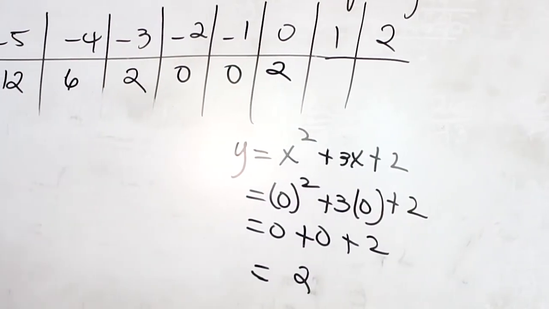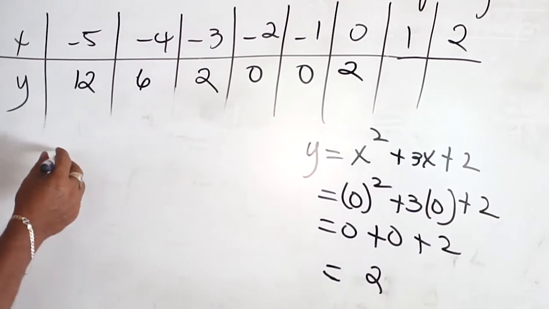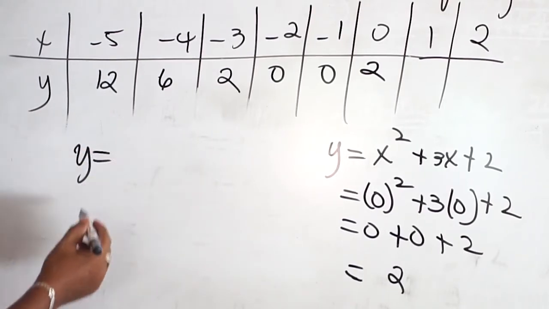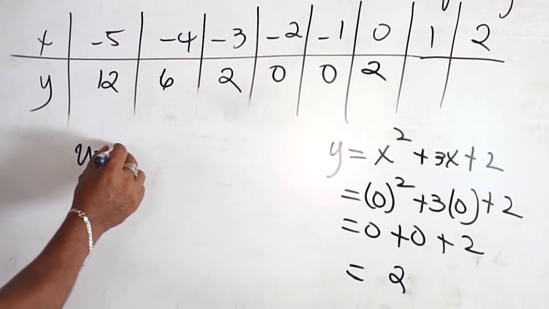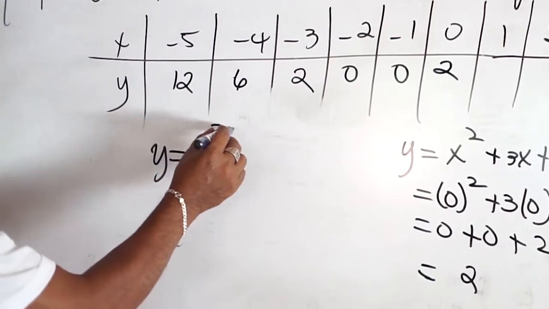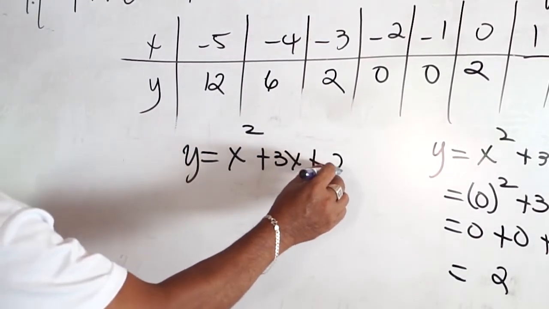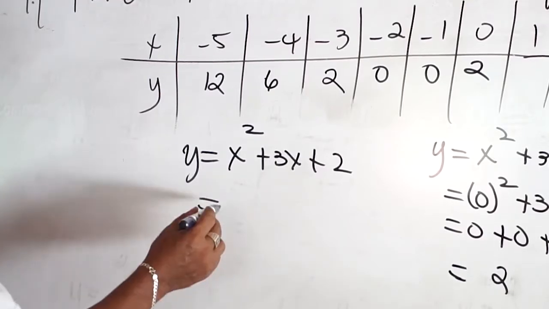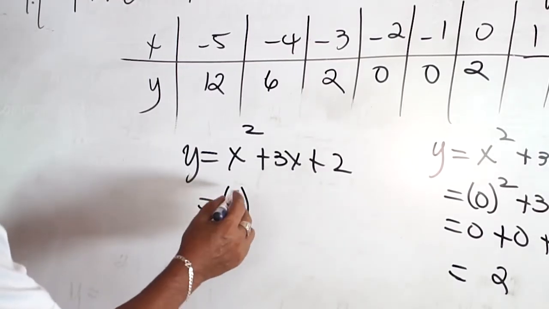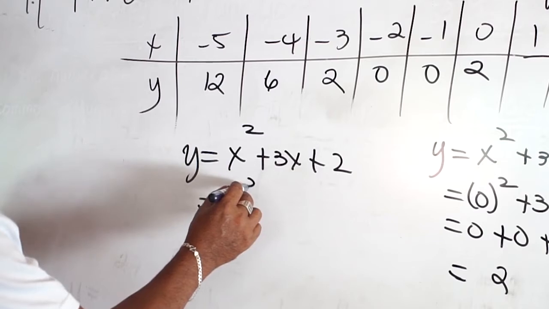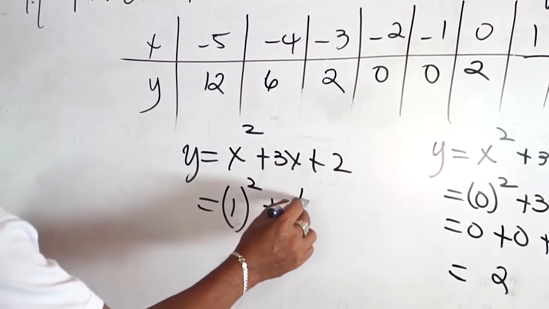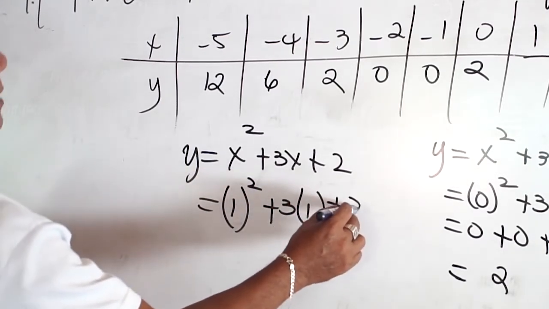Then next, if the value of x is 1, we have the equation y is equal to x squared plus 3x plus 2. Then simplify. So we have 1 squared plus 3 multiplied by 1, then plus 2.